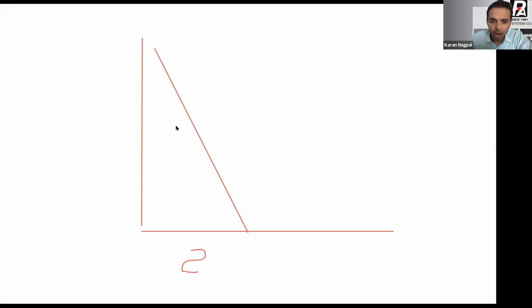So let me mark it at a different level, in a different color. Let's say this is the Q point. This Q point is somewhere at the center, and for those who know, this is your collector emitter voltage, and down here would be your base emitter voltage of a normal transistor.